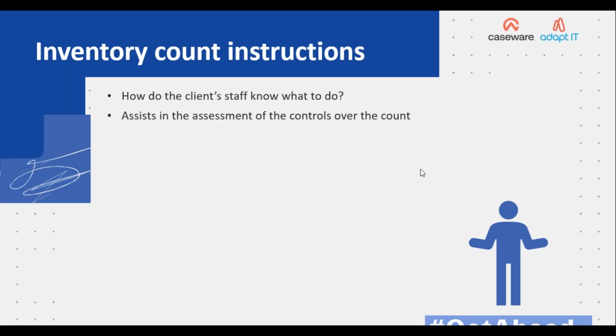Start with an open question, like, what were the instructions provided to you by your manager? Or you can go to more specific questions as well, like, were you informed about recounts, or did your supervisor speak about the recounts? Open-ended questions where they need to elaborate and give you details so that you can then fill in your own documentation.